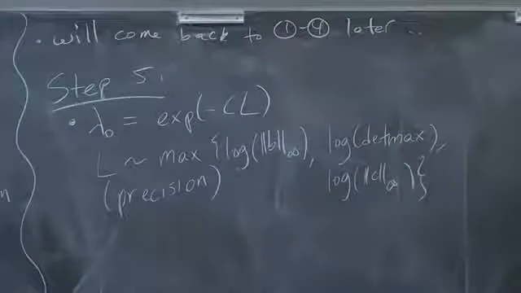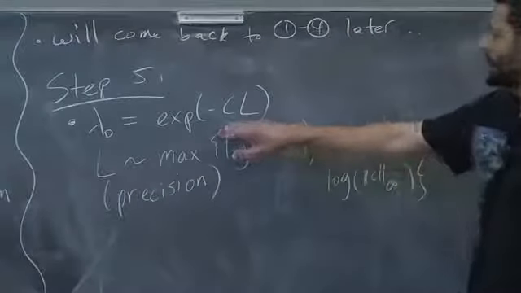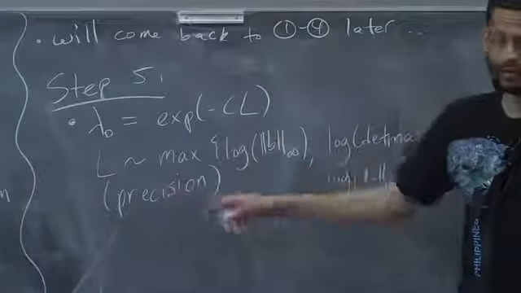Somehow in steps 1 through 4, we're going to end up with an approximate solution, an approximate minimizer of f sub lambda 0, where lambda 0 is really tiny.